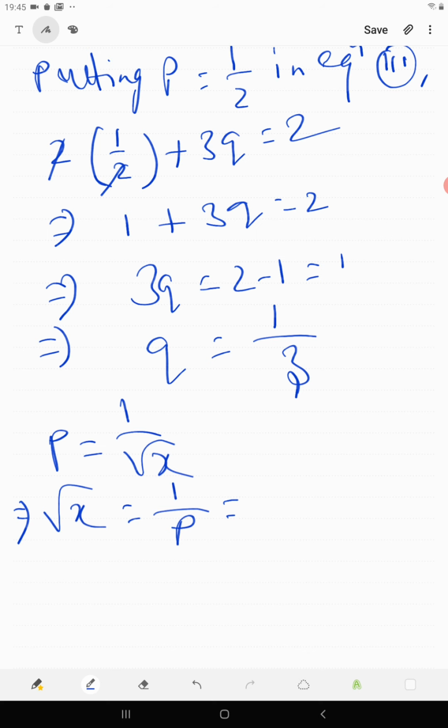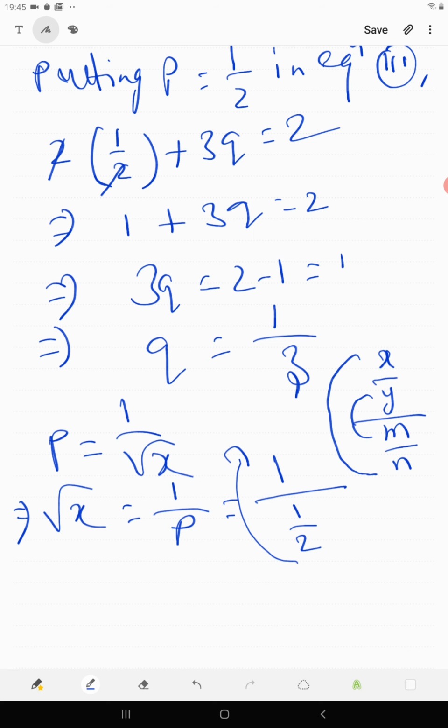Now p is nothing but 1 by 2. So 1 by 1 by 2. So this 2 will go up. If you remember, x by y divided by m by n. So this and this goes together, this and this goes together. So 1 we can write as 1 by 1, correct? Divided by 1 by 2.